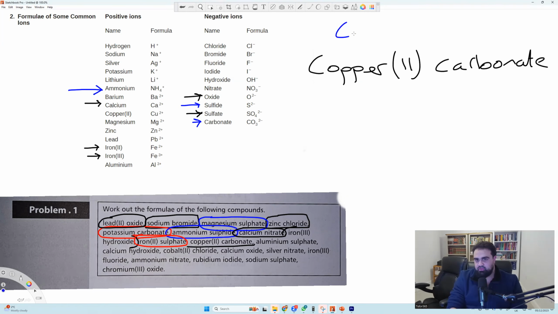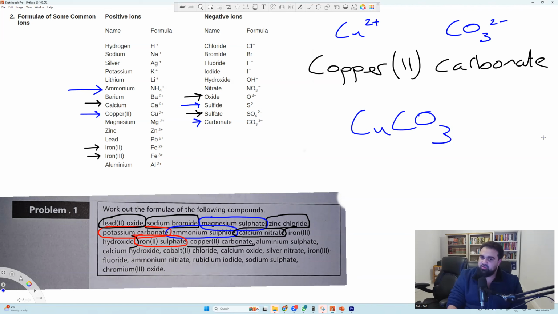Carbonate has -2. So it would be Cu, and then CO3. There we go, CuCO3.